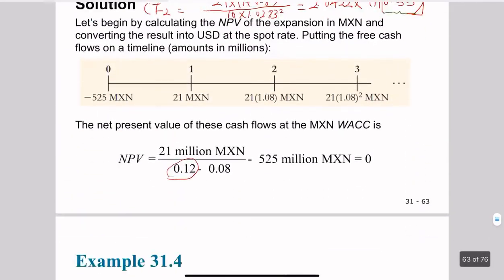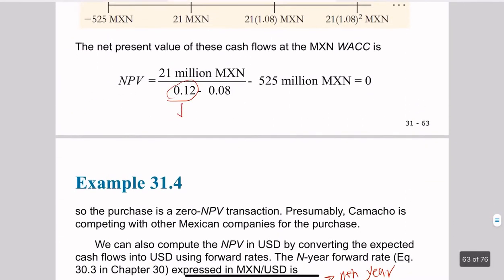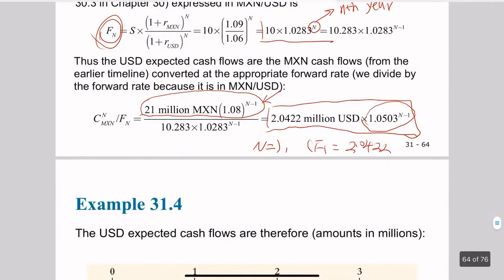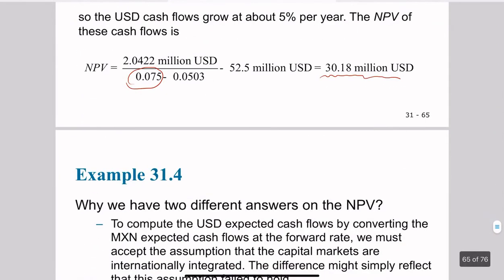You can imagine that if you decrease this cost of capital in Mexico to 10%, then you will have a strictly positive NPV, right? And you can also imagine that if this cost of capital in the US increases to 10%, then this 30.18 million USD NPV will become smaller, right?